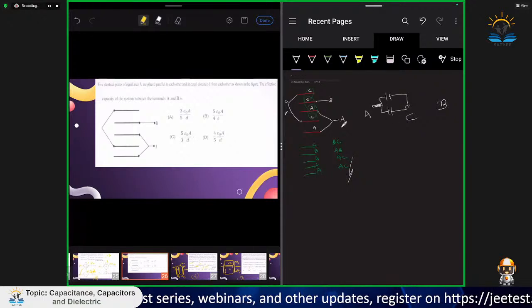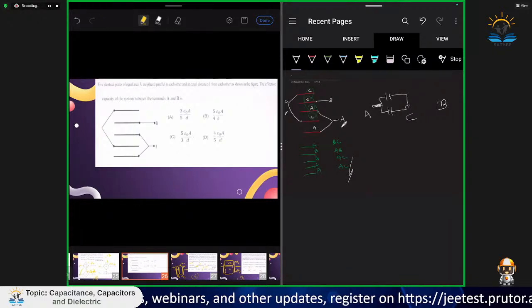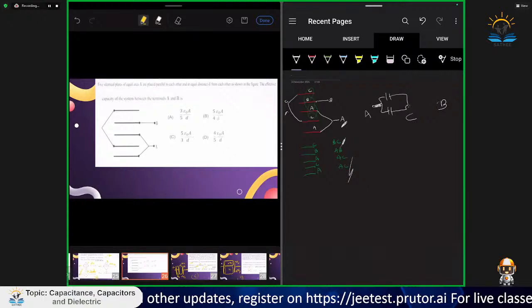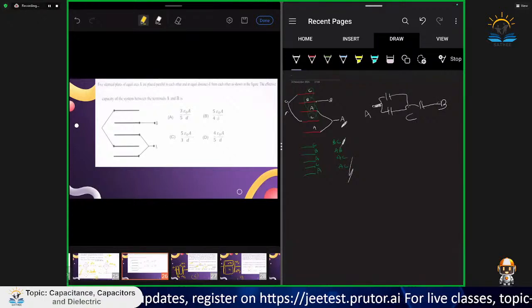And between C and B, BC, which is in series.